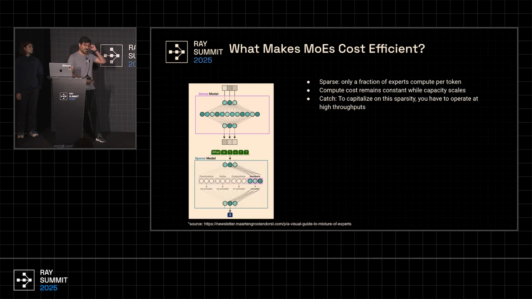However, in mixture of experts, there is this routing mechanism, and basically what it does is that during the forward pass, you only activate a subset of experts. This way, as you increase your batch size, your increase in compute is going to be sublinear to your batch size. But to really capitalize on this sparsity, you need to increase batch size as much as possible. So the gains of mixture of experts show at high throughput regimes.